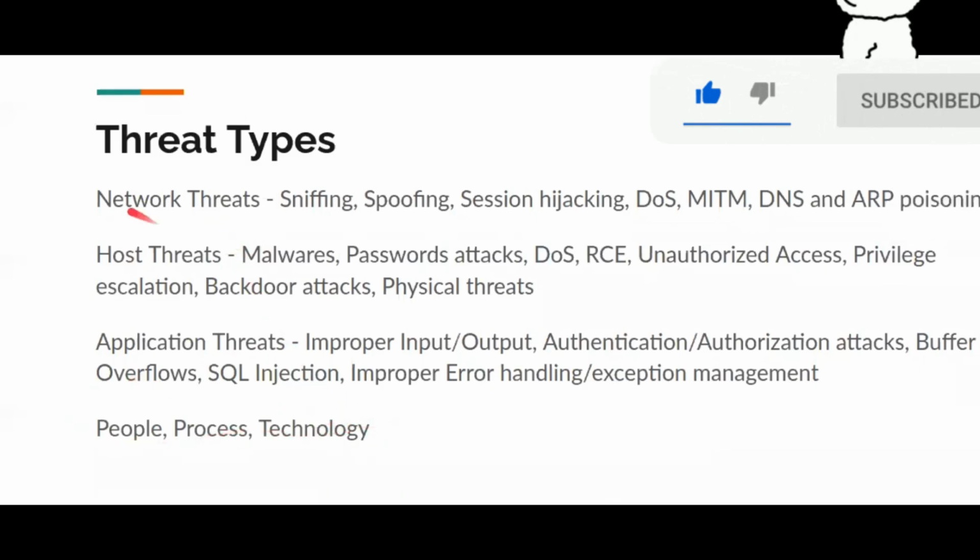If you consider network, these are some of the terms that you would find. Sniffing, wherein a particular network is being listened to and the information is getting captured in terms of network packets. Someone masquerading as a different IP or having a different MAC address is called spoofing.